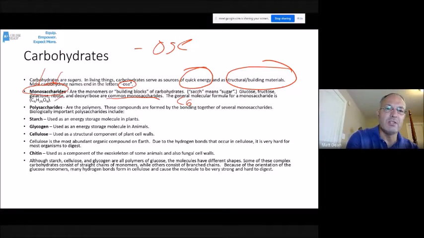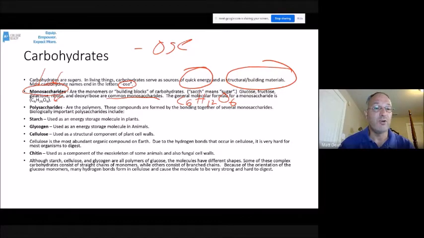Well, this formula then tells us there's going to be twice as many hydrogens. So glucose is C6H12, and our formula tells us there's the same amount of oxygens as there are carbons, so O6. That's an important formula for you to know. C6H12O6. That's glucose.